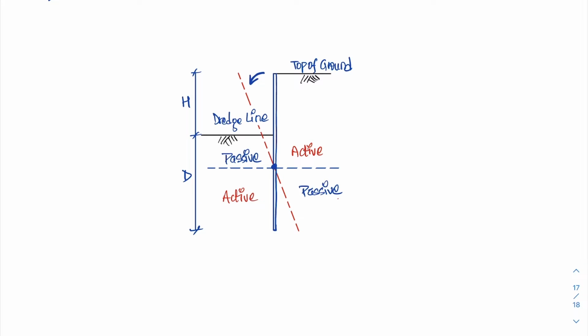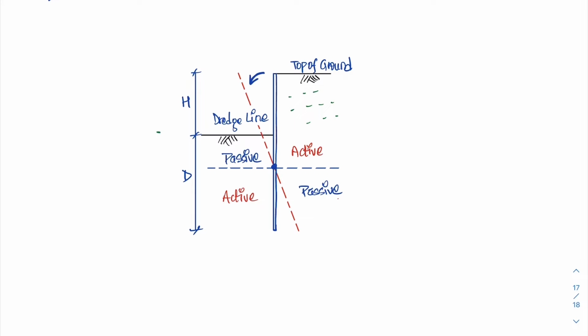In this diagram, we have a sheet pile embedded in the ground as shown in the figure. On the right side, we have retained soil, and on the left side, there will be some excavation, and the last line of excavation is the dredge line.